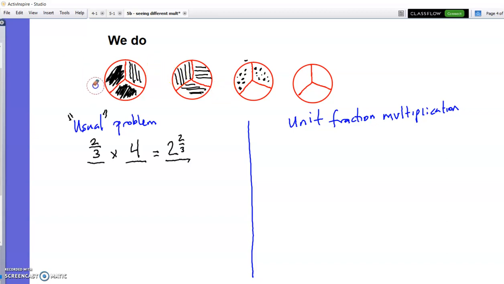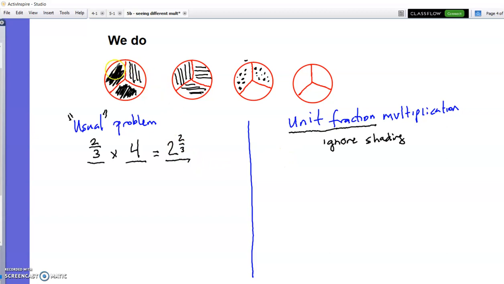So that's the usual problem I would definitely write. But if I'm looking at a multiple choice question and this is not an option, there's no 2/3 times 4 equals 2 2/3, what else might it be? Well, sometimes you just look at the unit fraction multiplication, and in that case you ignore the shading. Instead of looking at 2/3, I'm just going to look at different 1/3s.